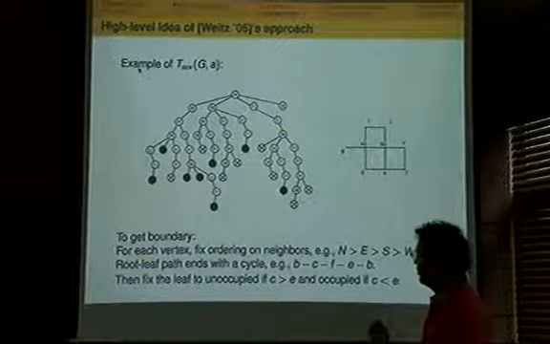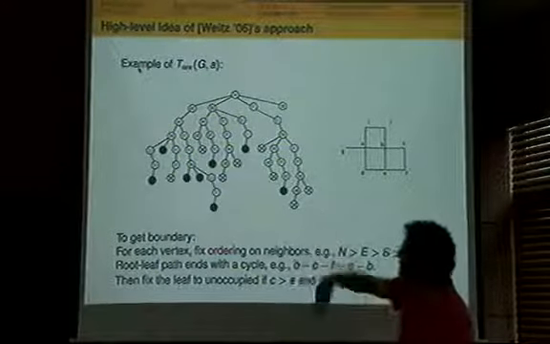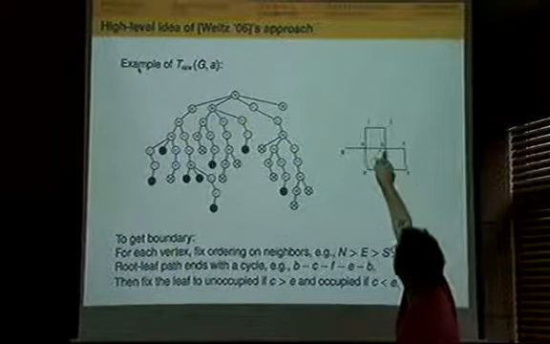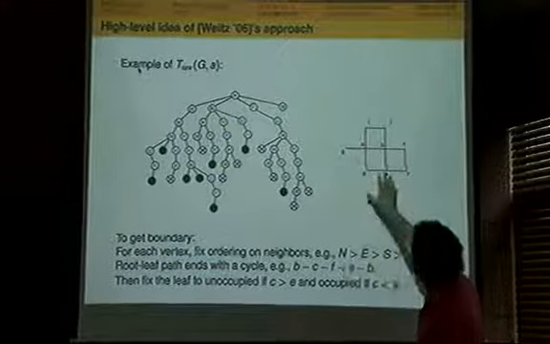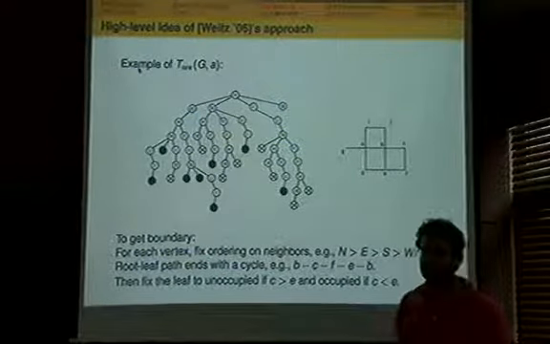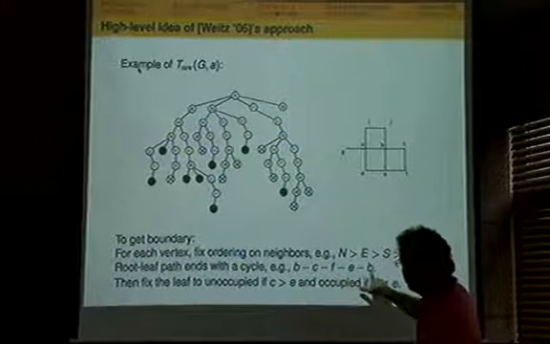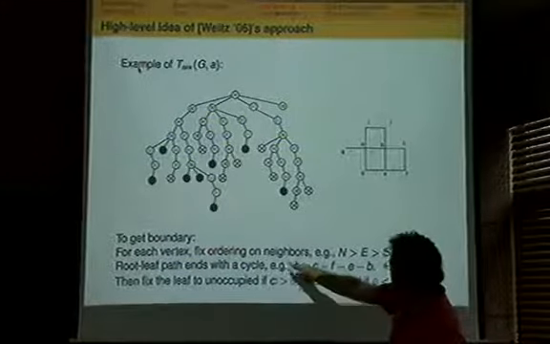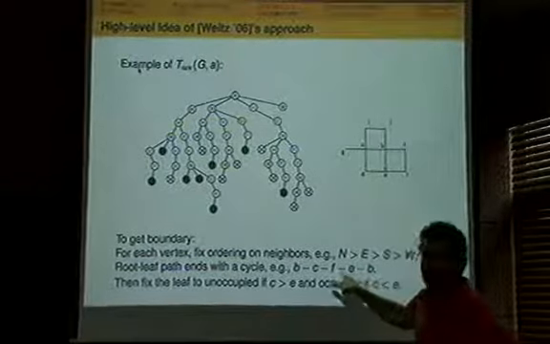For each vertex, at the beginning I fix some ordering on its neighbors in the graph. A has some ordering on its neighbors; just fix it any way you want. On the grid, you can define some ordering based on north, east, south, and west if you want. Then I take this cycle and look at the first neighbor versus the last neighbor.